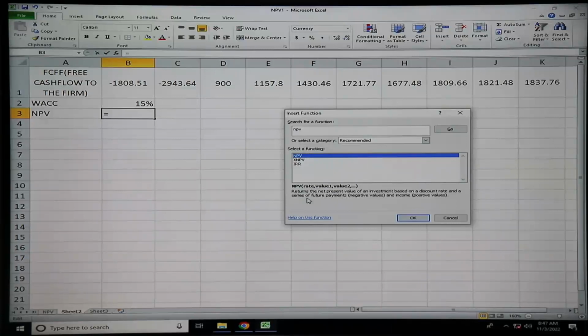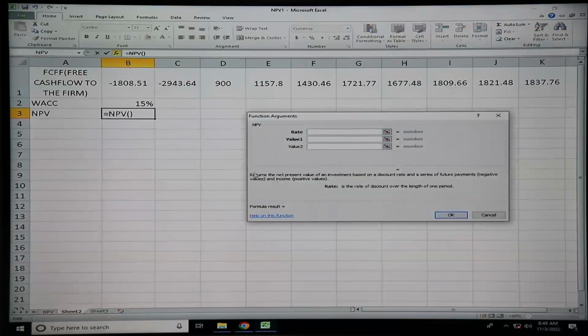But when you are given a series of future payments, negative values show the payments and positive values show the income. As we have seen here, the payments are 2, and all the others, 8 of them, are incomes.